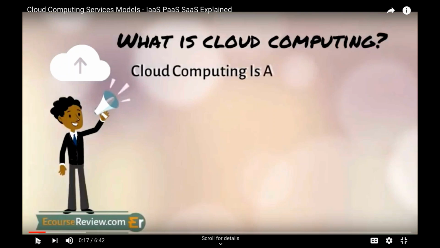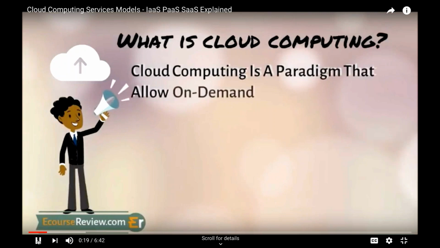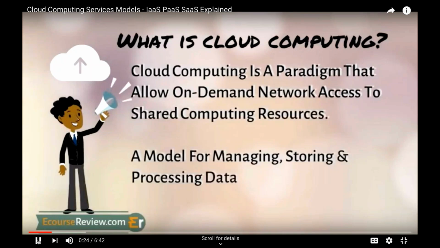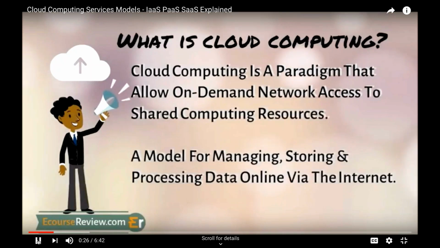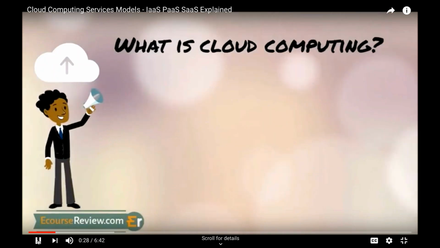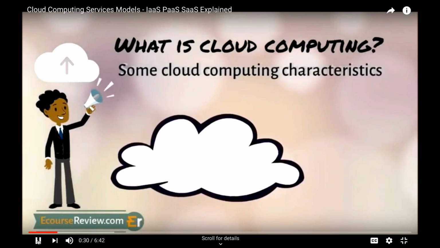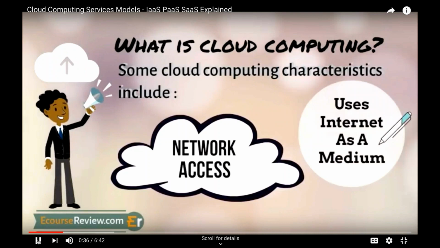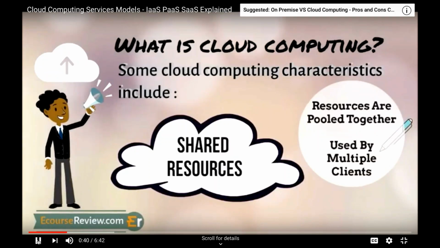Cloud computing allows on-demand network access to shared computing resources, a model for managing, storing, and processing data online via the internet. Its characteristics include on-demand service, you use it when you need it; network access, using the internet as a medium; shared resources, pooled and used by multiple clients; and scalability, allowing elasticity of resources.